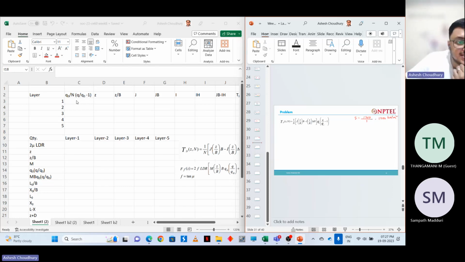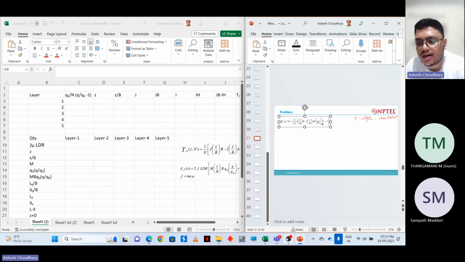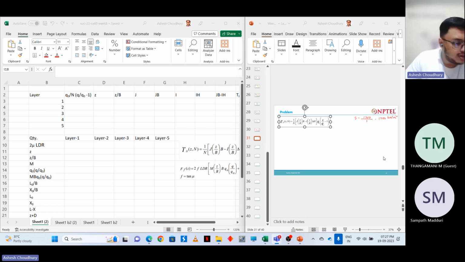So this is the term for our Td. We need the terms J into B, I into H, q naught by H. We will calculate all these terms one by one separately. What is q naught?